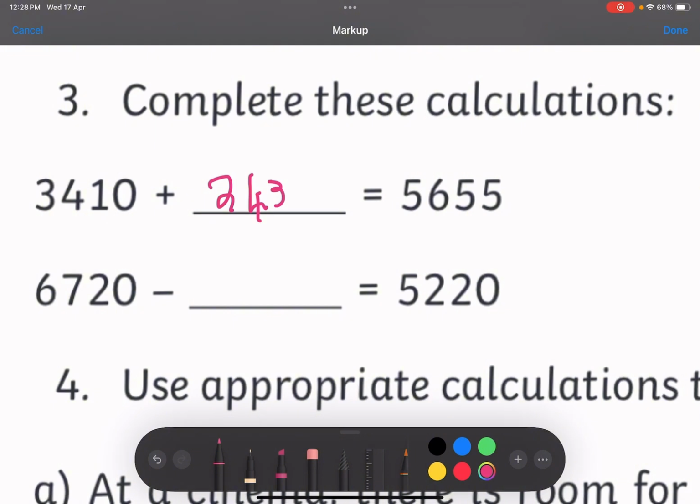If it's subtract, you do not, I repeat, you do not use the inverse. You use subtract. Subtract is always the way to go.